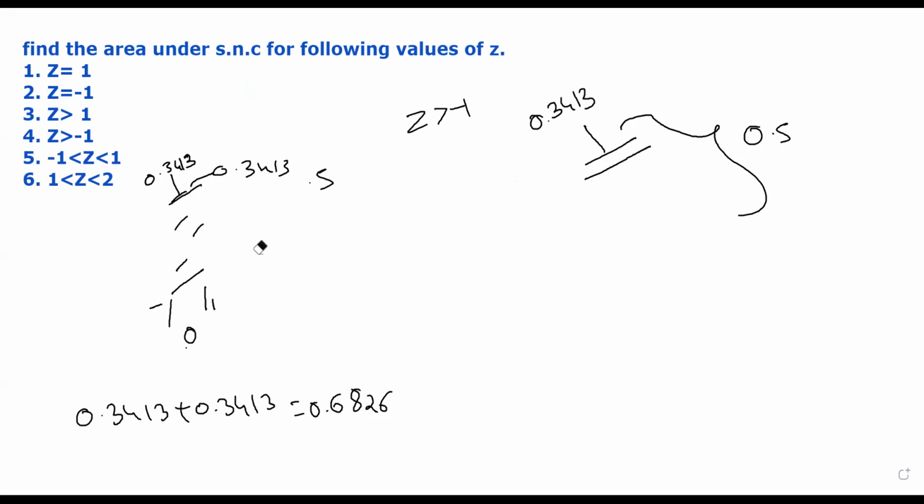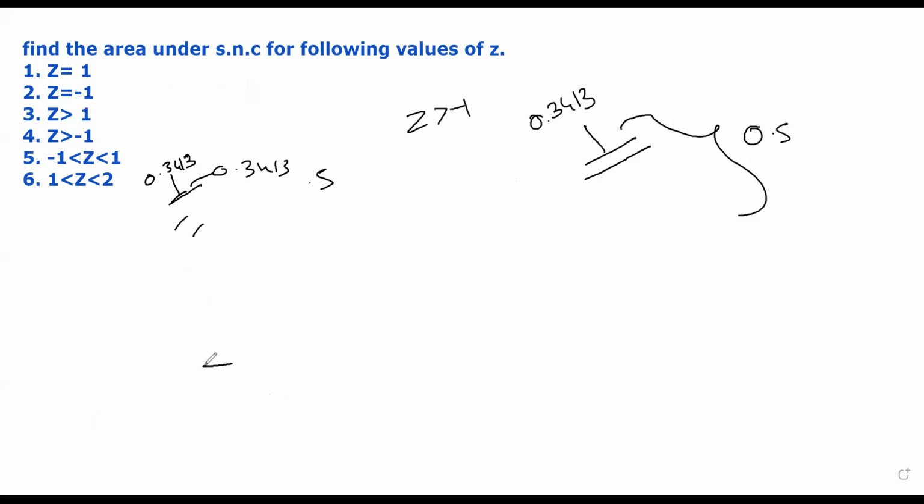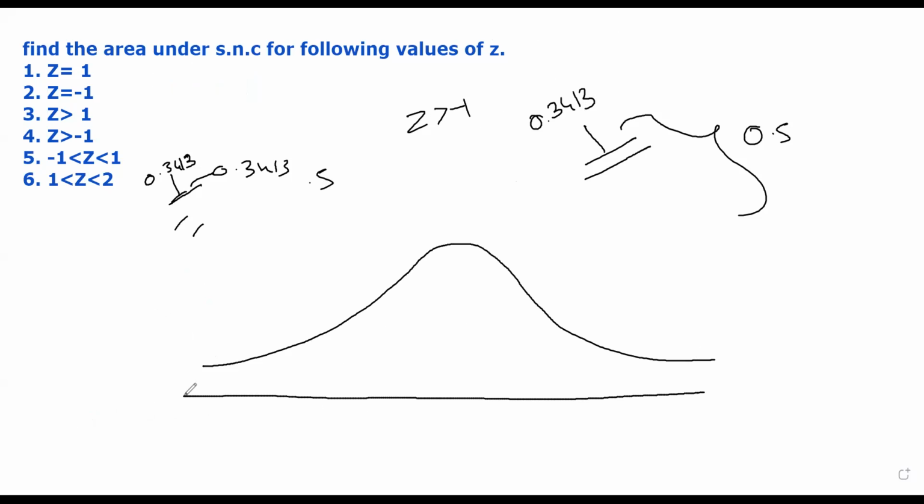So let us find out the area between Z equals 1 and 2. So we'll draw a new curve. This is my Z curve, the standard normal curve.